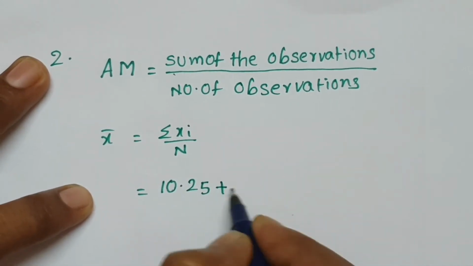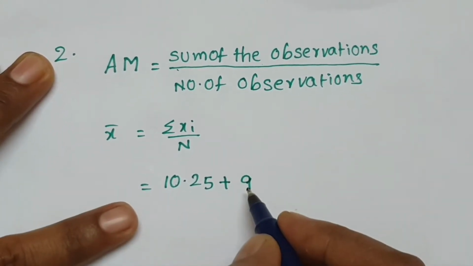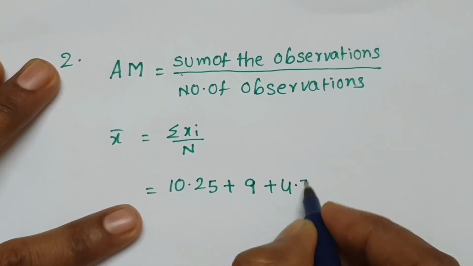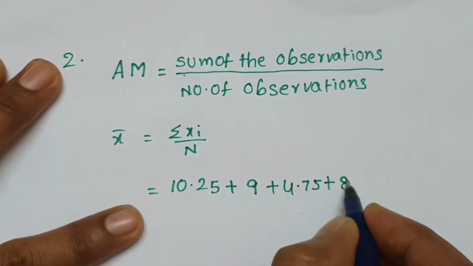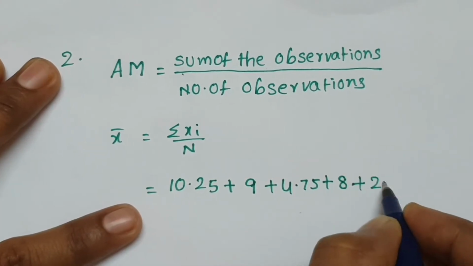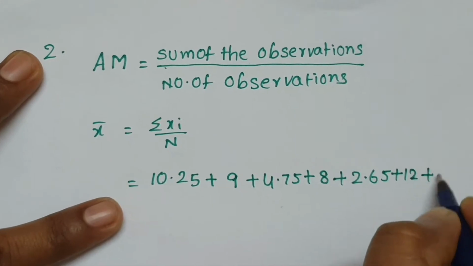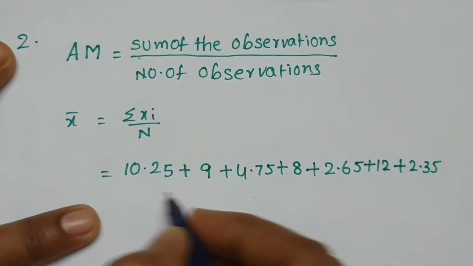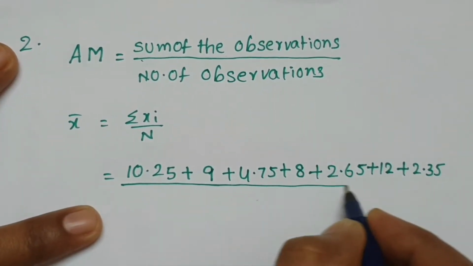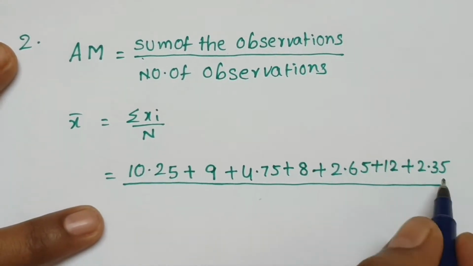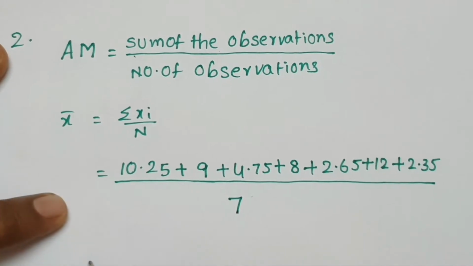Write all the sum of observations. 10.25 plus 9, which is 9.00, plus 4.75 plus 8 plus 2.65 plus 12 plus 2.35 by total how many observations? 1, 2, 3, 4, 5, 6, 7.